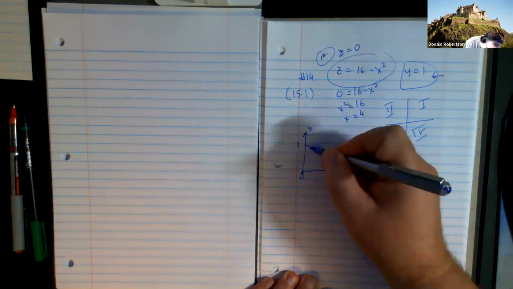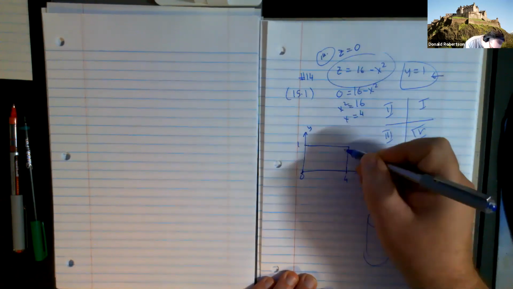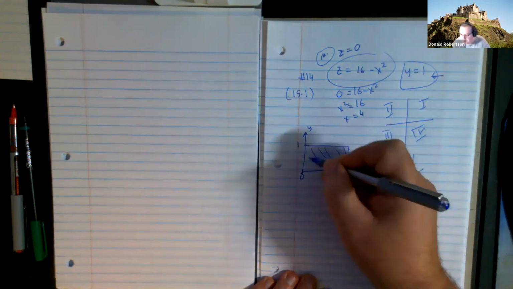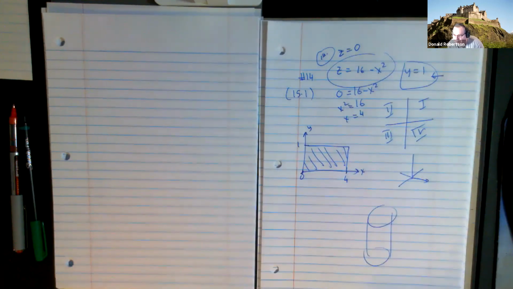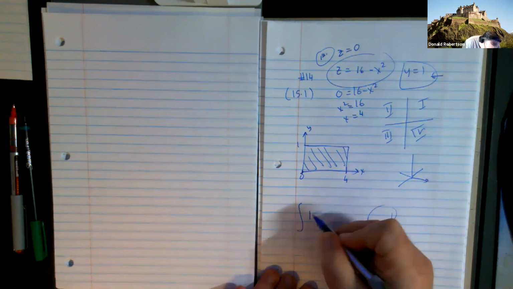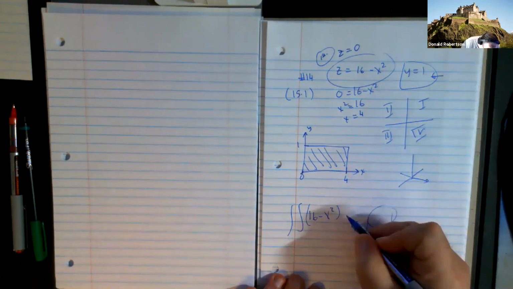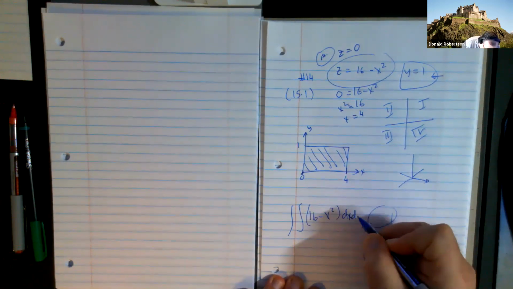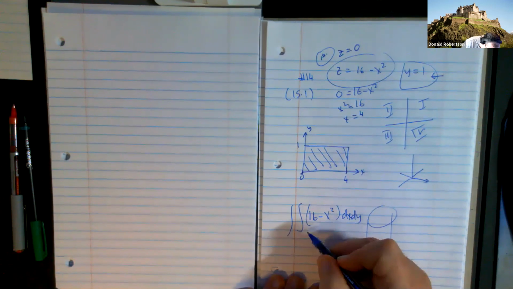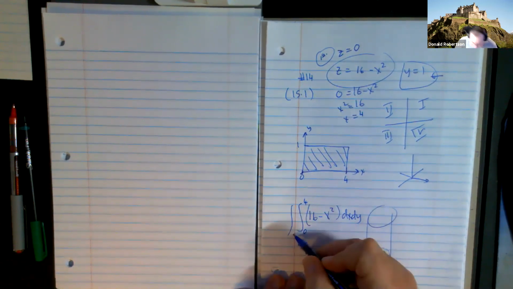And then you get y equals 1. Well, yes, it's y equals 1, but because it's the first octant, it's also 0 to 1. So there is that hidden rectangle. And the region you're going to integrate over is this one. It doesn't matter which order, you can do it dx, dy. If you do it dx, dy, you go 0 to 4 and 0 to 1.